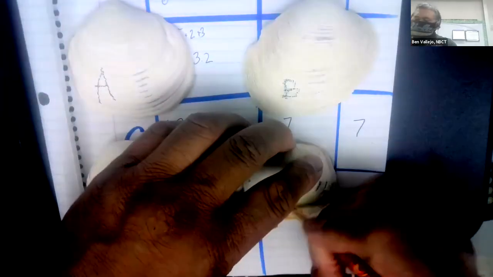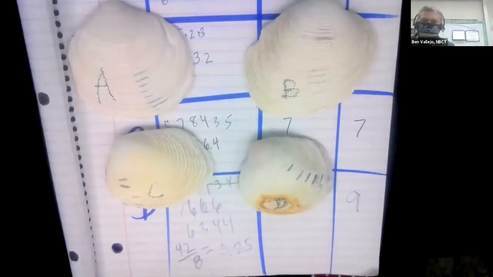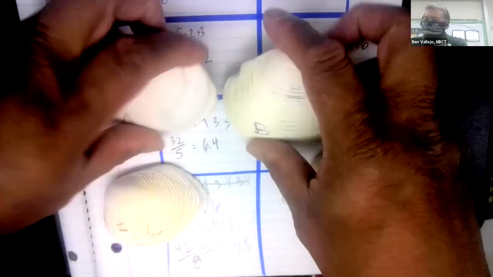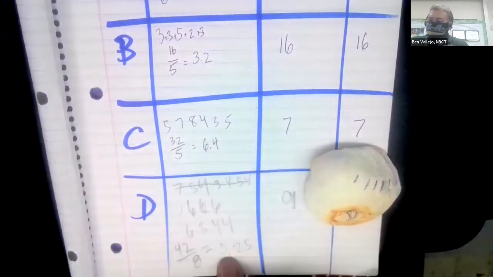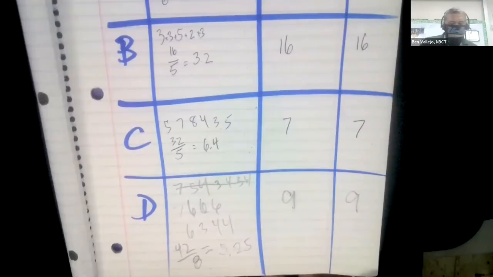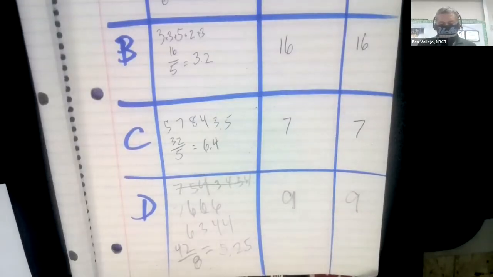This one's D. Okay, so now I've got my information, my data, and completed my data table with the average bandwidths. And the number of bands gives us the age of the clam. So that's pretty cool. Now you should be able to answer some questions on this.